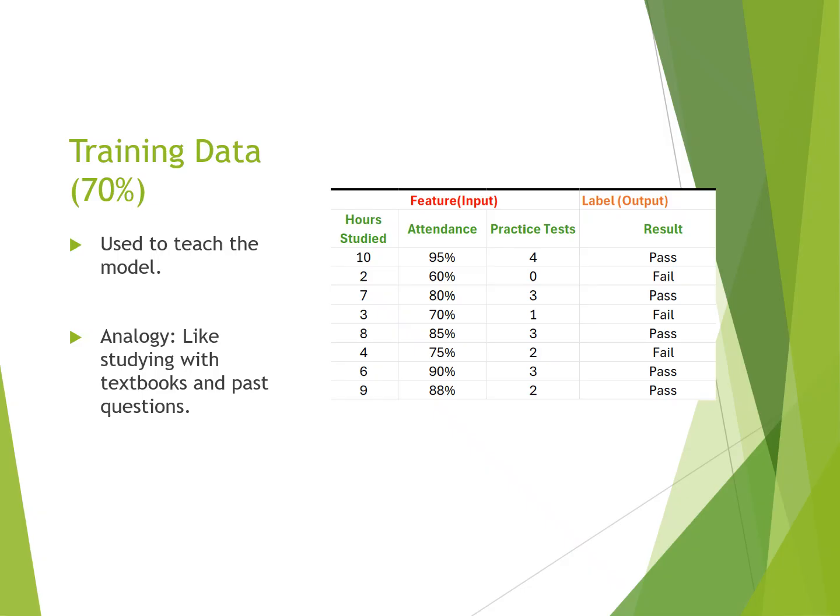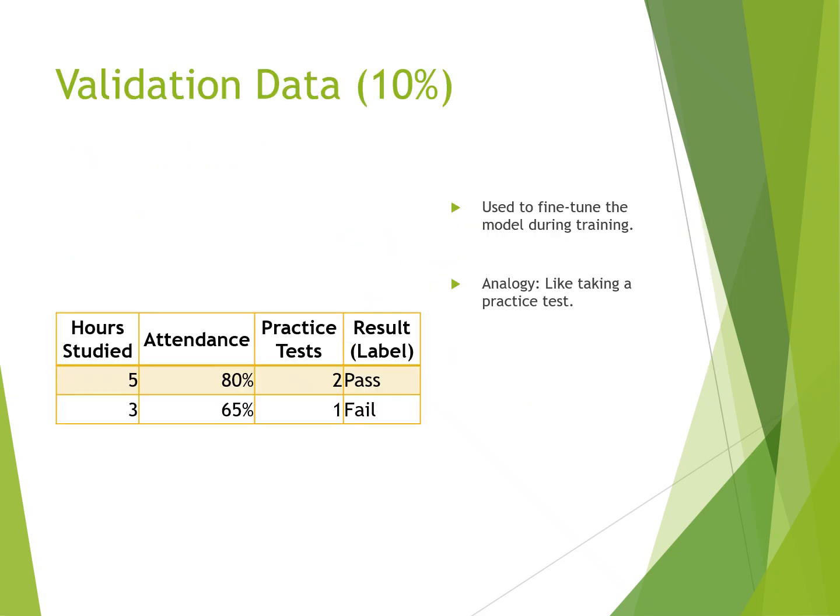We are actually training the model with 70% of our existing data. I'll give an analogy here. It's just like studying the textbook and past questions, and that's it. So once we train, the model learns from the existing 70% of the data we have provided.